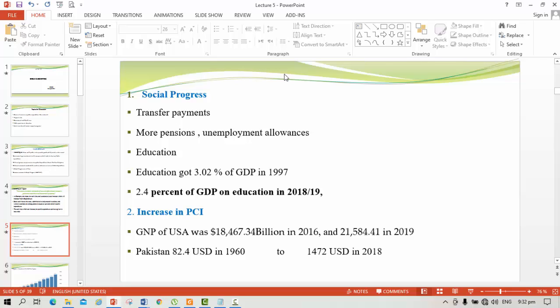In social progress, the government increases the transfer payments. The transfer payments are one of the important parts of public expenditure. Similarly, for increase in social welfare, more pensions and unemployment benefits will have to be paid, which will increase the public expenditure. Similarly, social services like education and health can also increase the public expenditure.